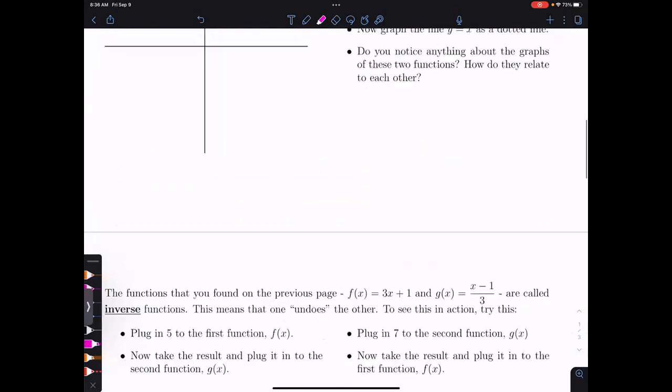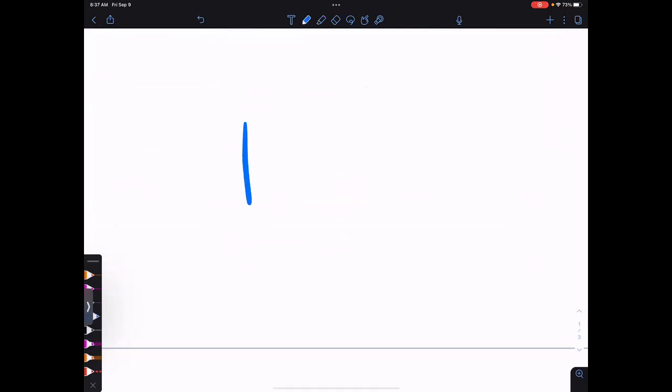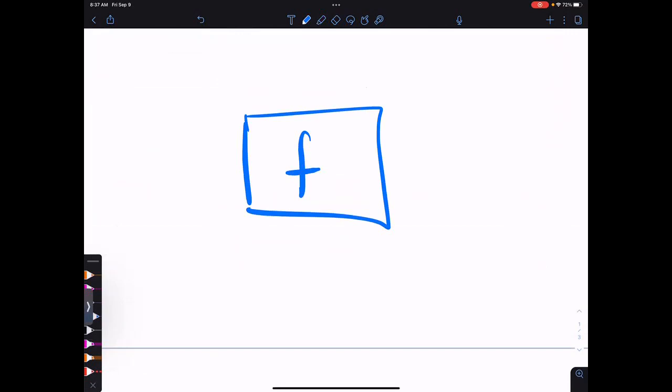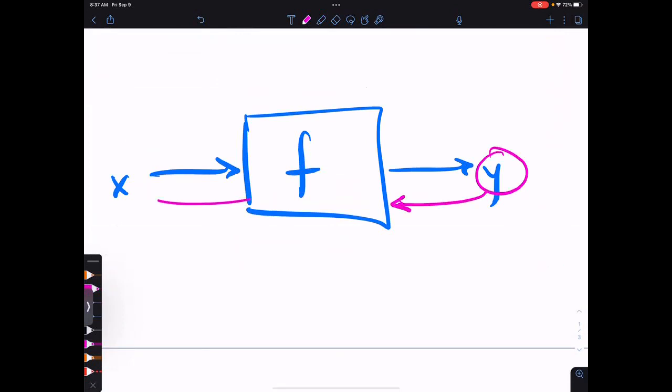So let me draw a picture. If this is our function f, it takes an x and spits out a y. What this new function that we just came up with does is basically reverse that process, right?